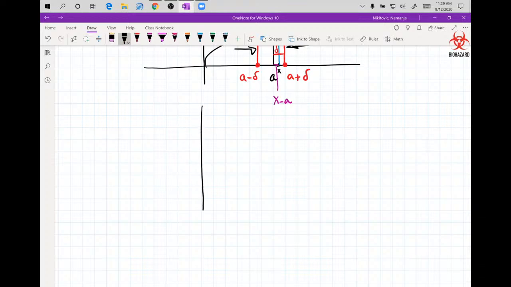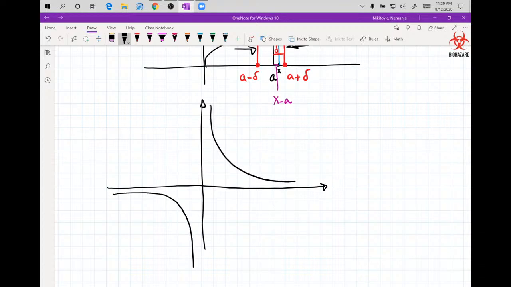So here is the good old friend 1 over x. And let's say I want to check what's happening here as the limit of 1 over x as x goes to 0.